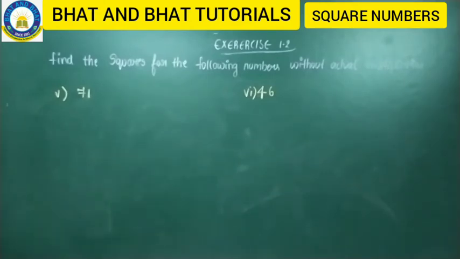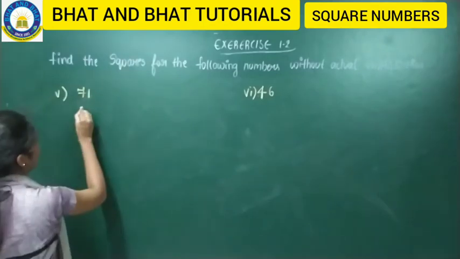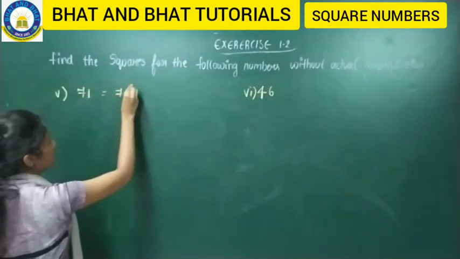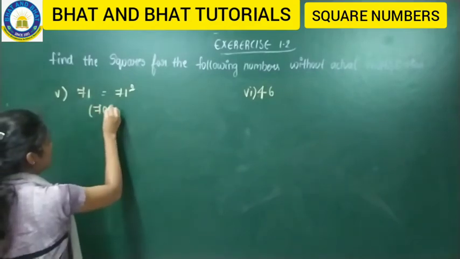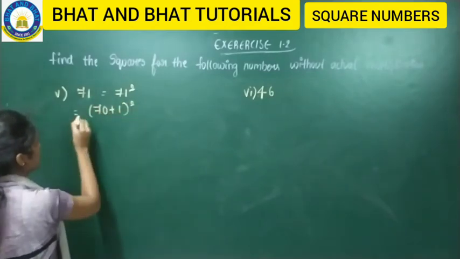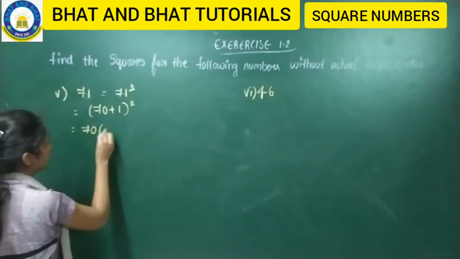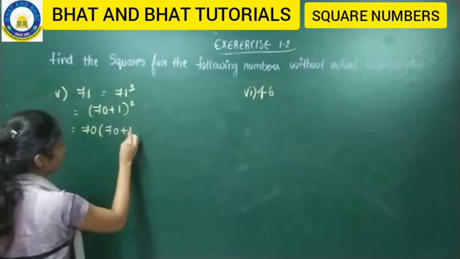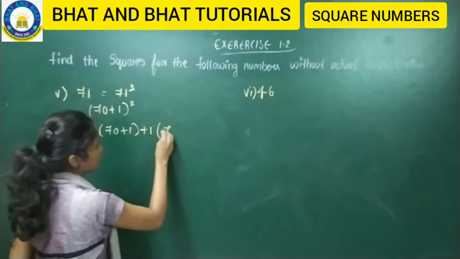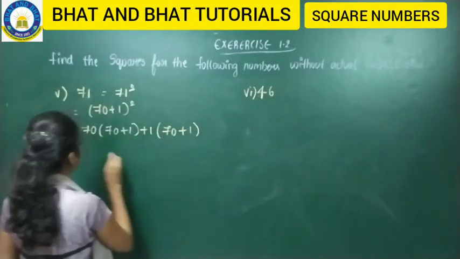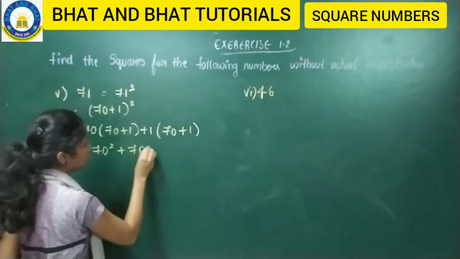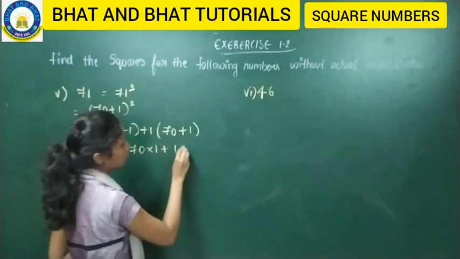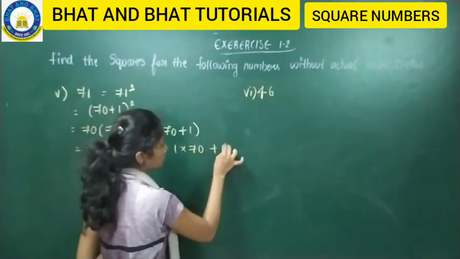Yes, let us solve this now. 71. So if I do that, it will become 71 square. That is 70 plus 1 whole square. So 70 plus 1, 70 plus 1. So 70 square plus 70 into 1 plus 1 into 70 plus 1 square.